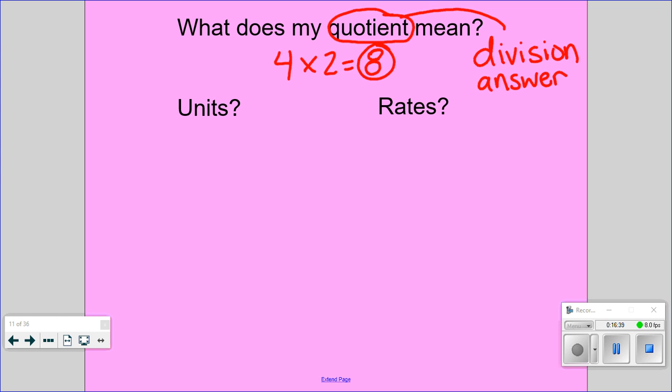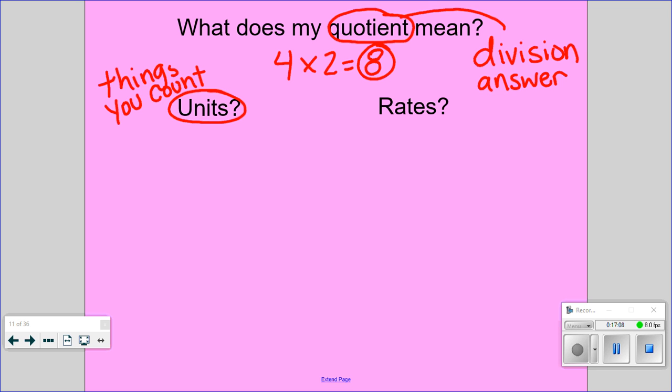It's really nice when our quotient is written as what I call a unit. Go ahead and write the word units. Units are things you count.